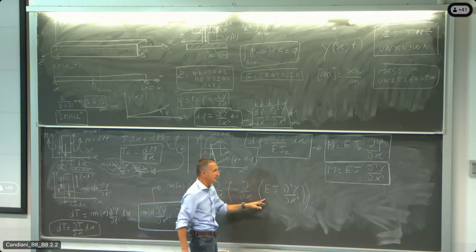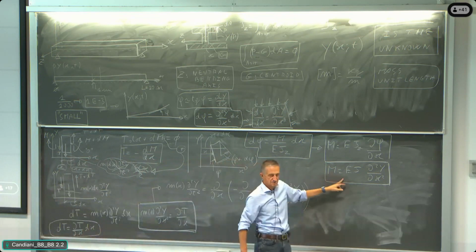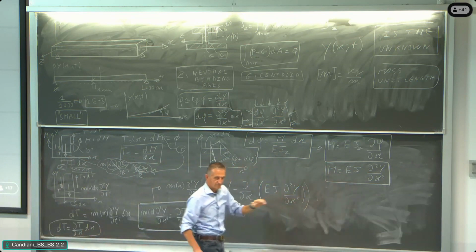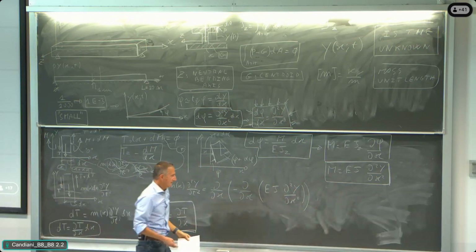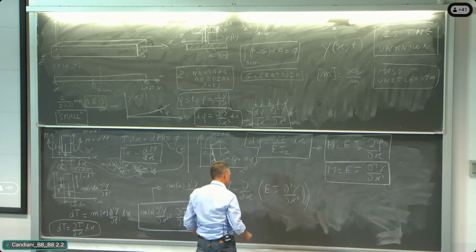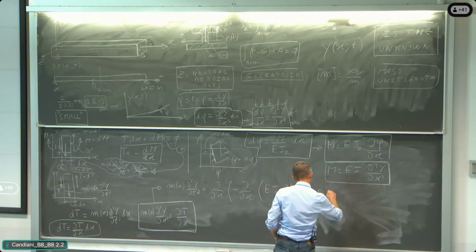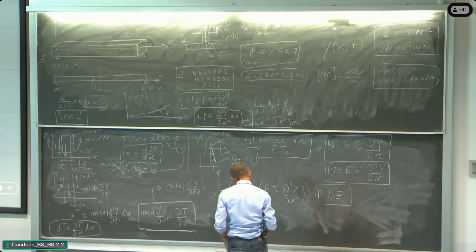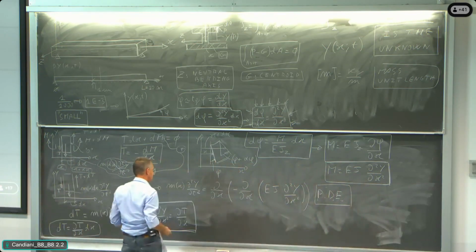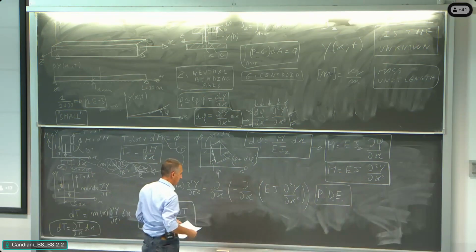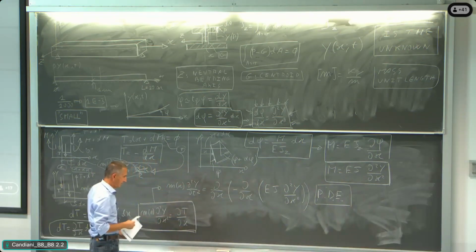What is this something? The moment. Who is the moment? Is this object here. Finished. We are finished. And so this is the partial derivative equation. This is the PDE of the beam undergoing bending vibration into the XY plane.